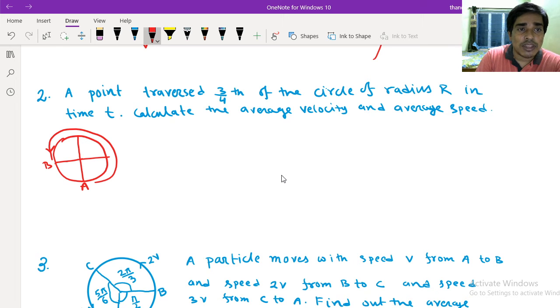Average speed can be calculated as total distance divided by total time.